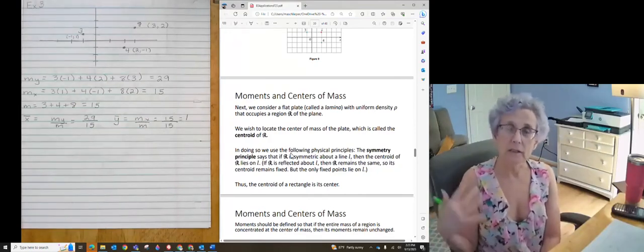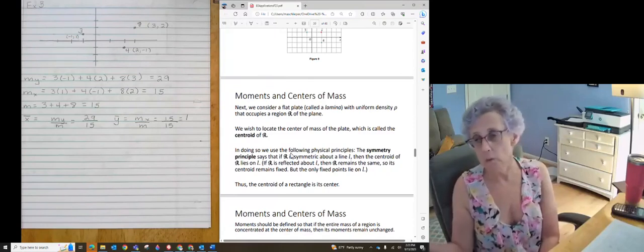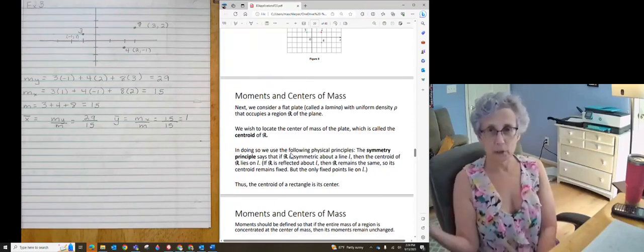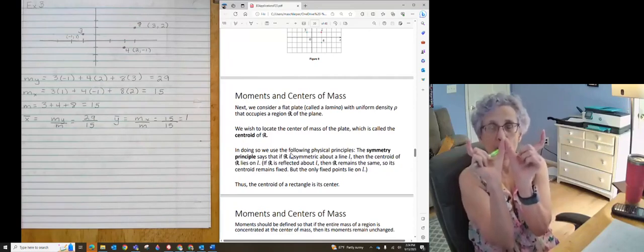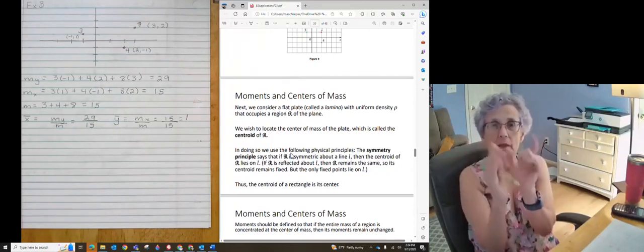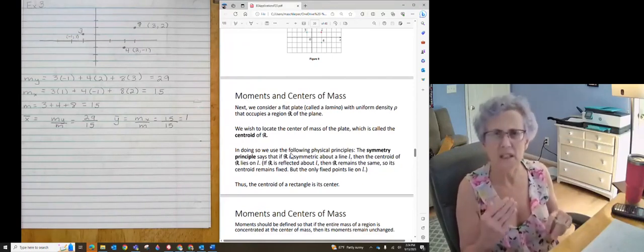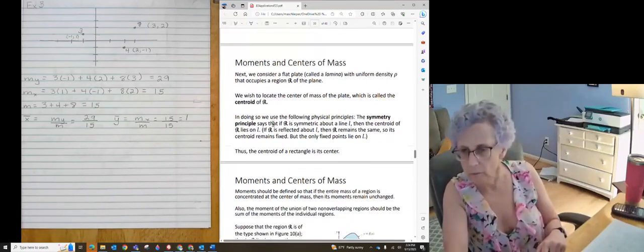And our goal is to find the center of mass, which is known as the centroid, x bar and y bar. In doing so, we use the symmetry principle, which says that if it's symmetric on both sides of a line, then the center of gravity is going to live on that line. Makes sense. Rectangles balance right in the middle.